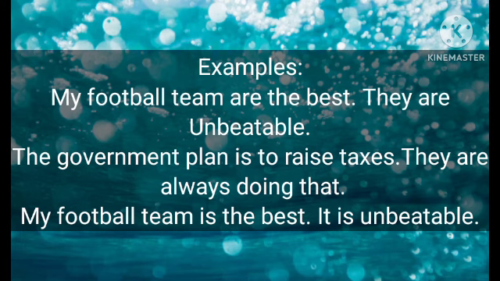Our plural here is they are. Meanwhile, the collective noun is my football team. Next, the government plan is to raise taxes. They are always doing that. Our plural is they are, and the collective noun is government.